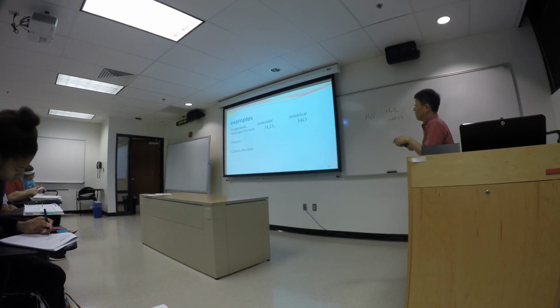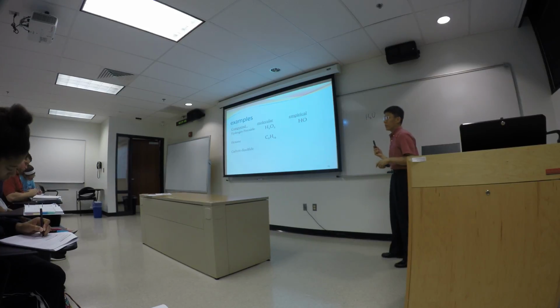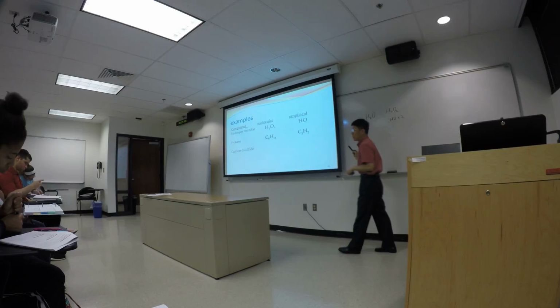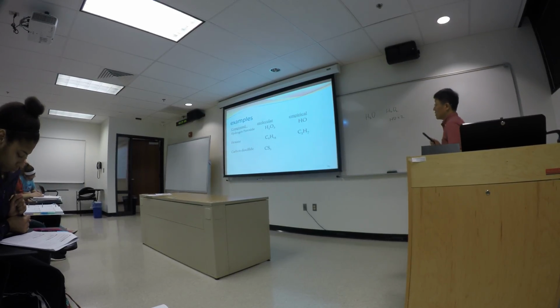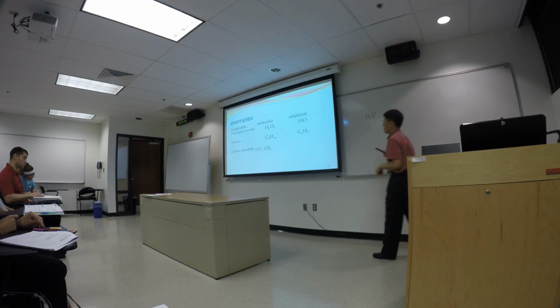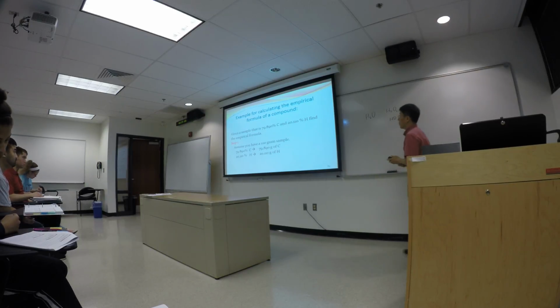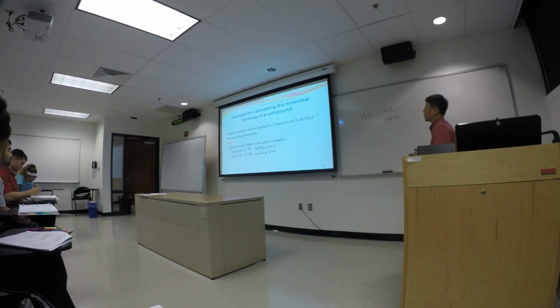Hexane, hex means 6, so carbon 6, hydrogen 14. The empirical formula would be carbon 3, hydrogen 7, the simplest whole number ratio. Carbon disulfide is CS2. The empirical formula would be the same, just 1 to 2. That's already the simplest whole number ratio. This is something that we want you to be able to recognize first.